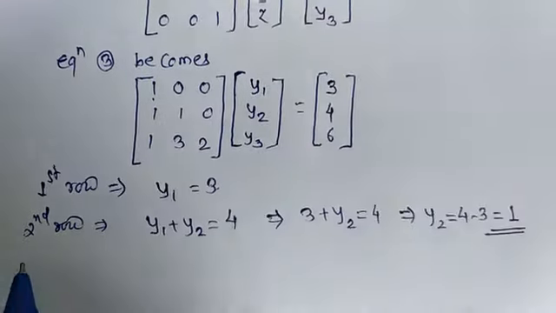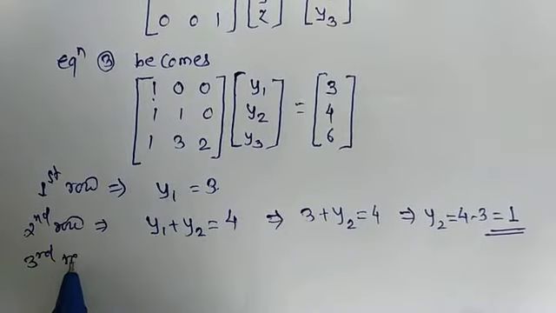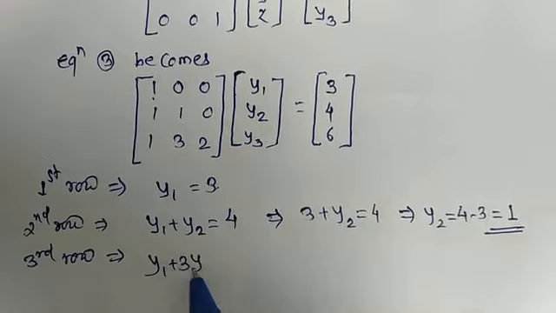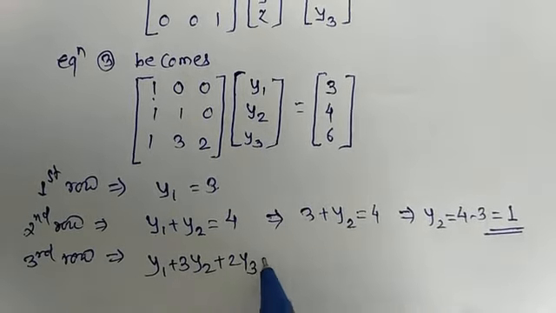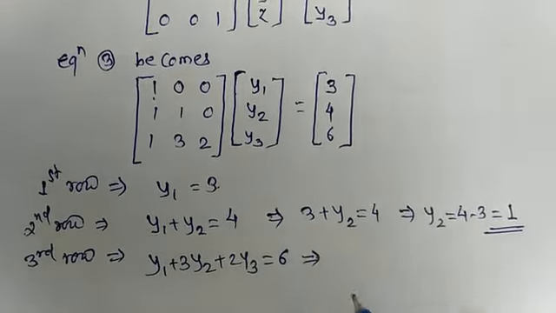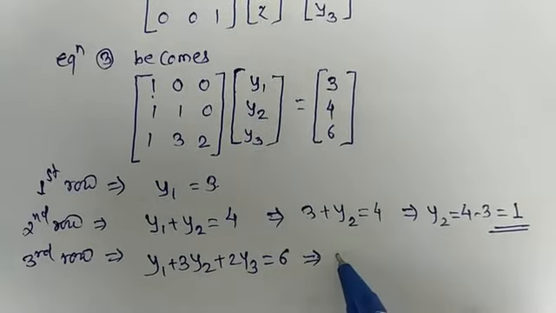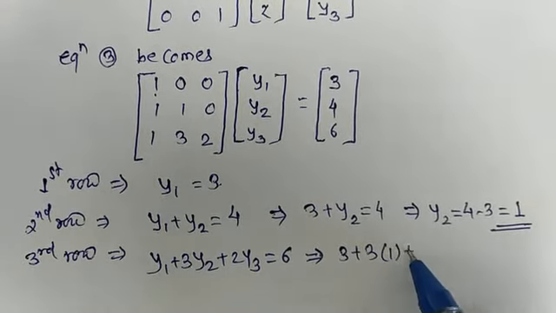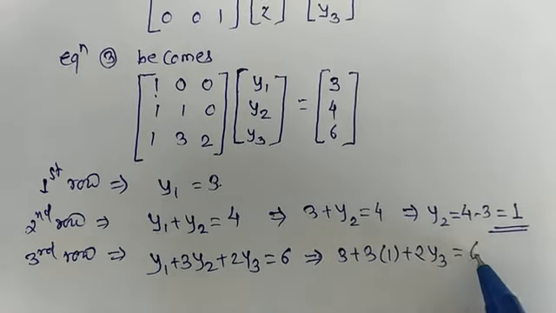And from the third row it can be written as y1 plus 3y2 plus 2y3 is equal to 6. With y1 as 3 and y2 as 1, we get 3 plus 3 into 1 plus 2y3 is equal to 6.